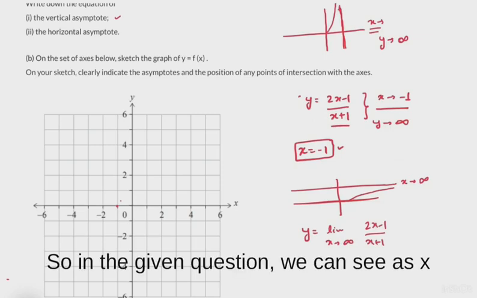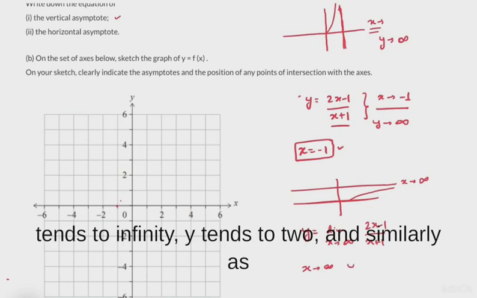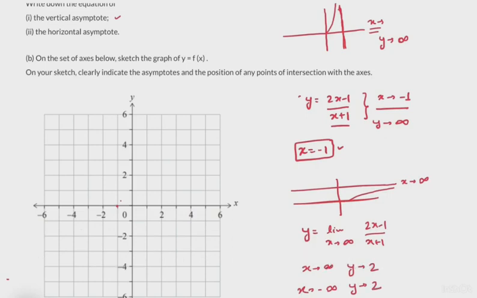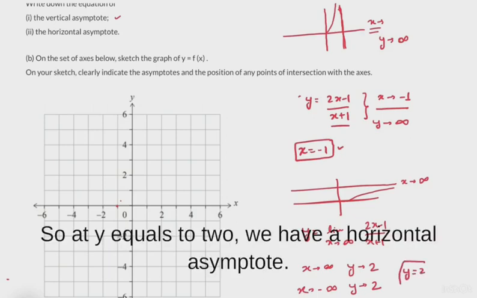In the given question, as x tends to infinity, y tends to 2. And similarly, as x tends to minus infinity, y also tends to 2. So at y equals 2, we have a horizontal asymptote.